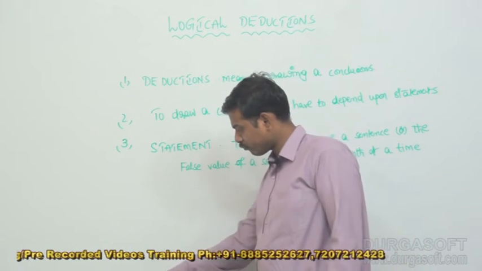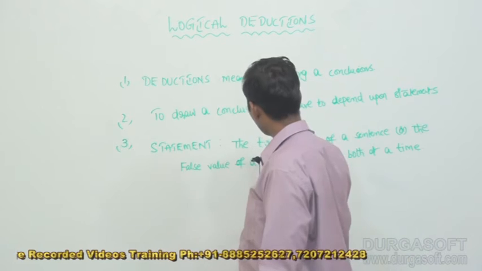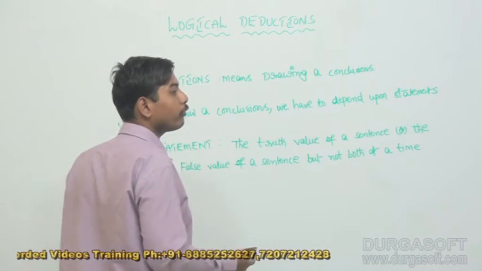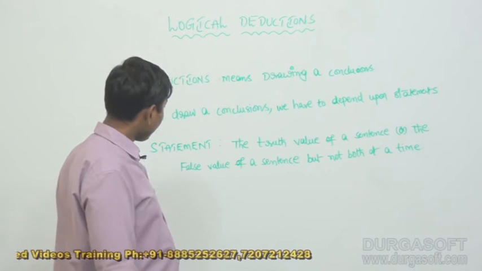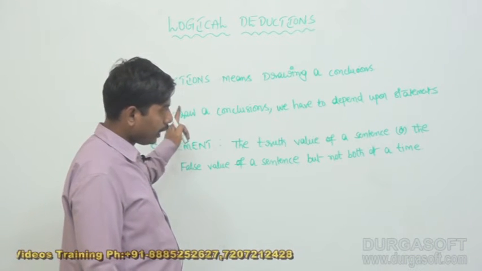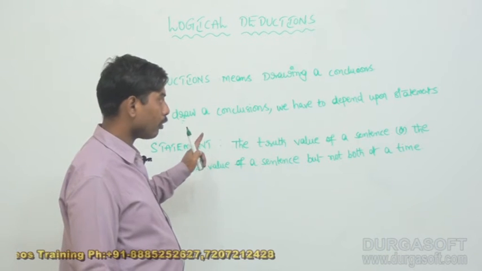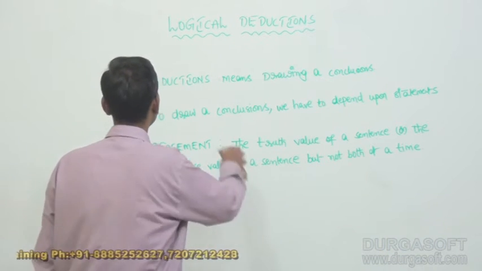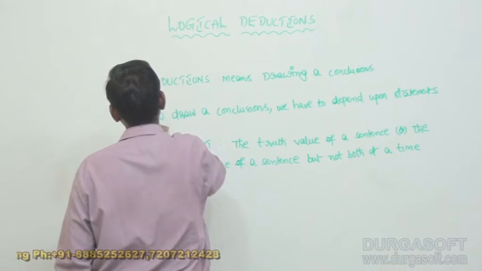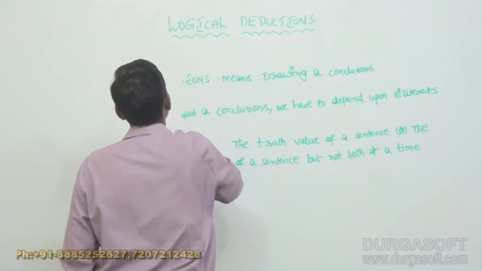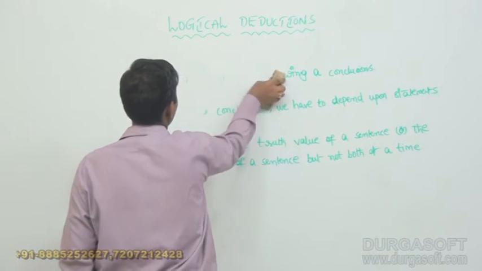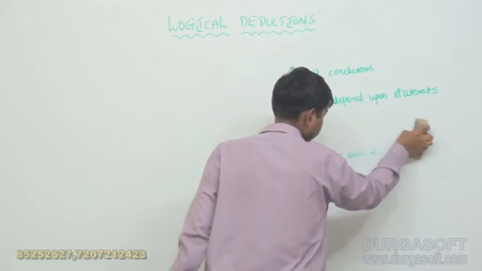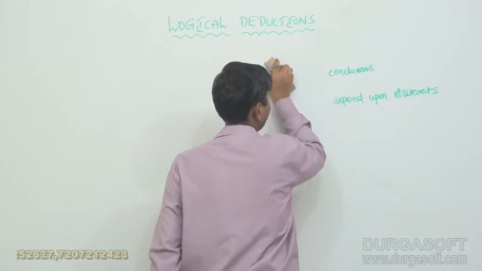Now we have to know one more important thing here. How many types of statements are available here? Statement means the truth value of a sentence or the false value of a sentence, but not both. Now we are supposed to talk about different types of statements. In total, how many types of statements are available in this topic? That is what we would like to know right now.